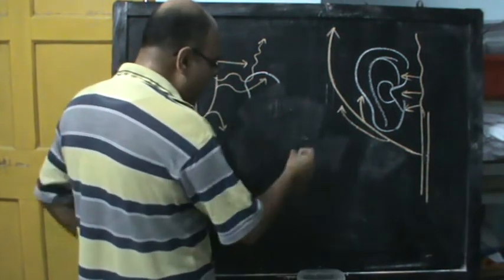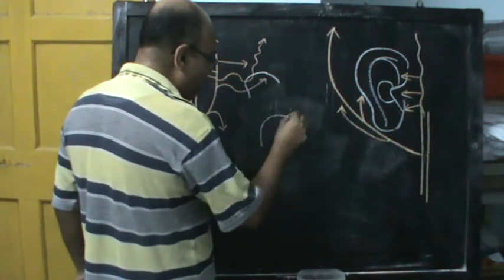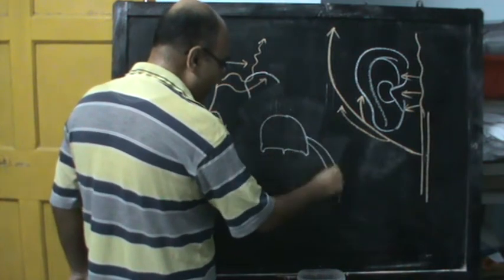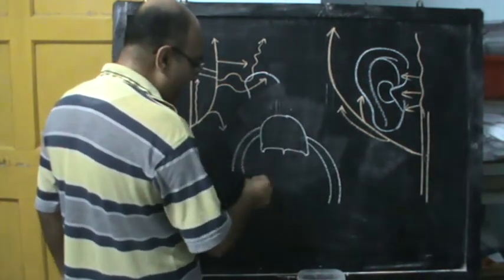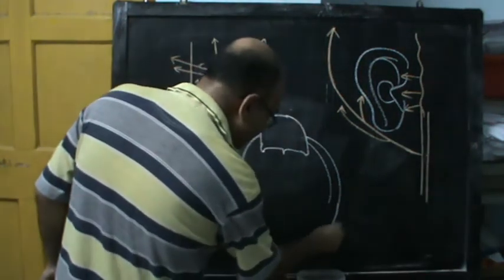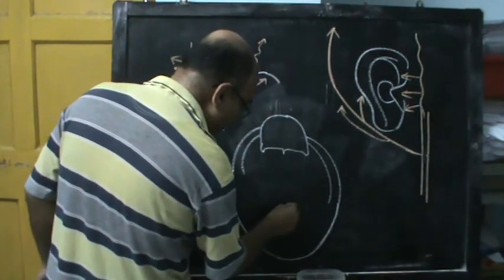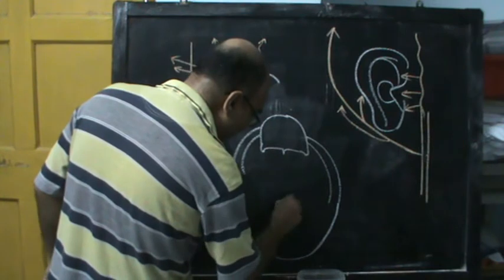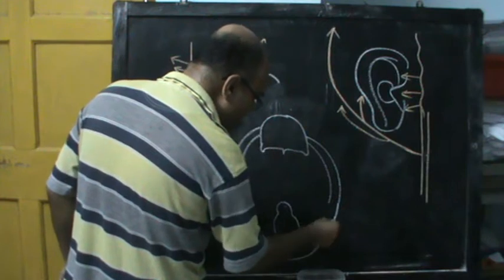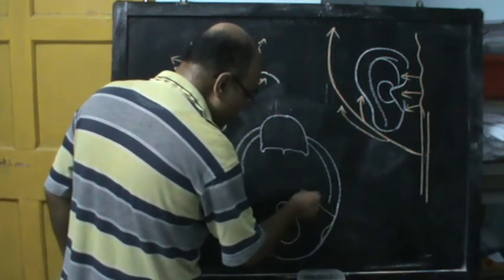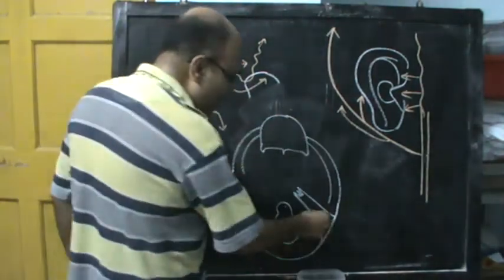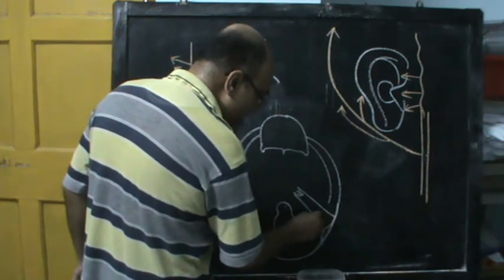So if we draw again the skull, the base of the skull from below, you've got to draw the palate over here, then you have to draw the zygomatic arch, and then you have to go through the rest of the skull, and somewhere here you have to draw the foramen magnum. This then is the foramen magnum, and somewhere here is the mastoid process, and this is the petrous part of the temporal bone, and over here you have the styloid process.